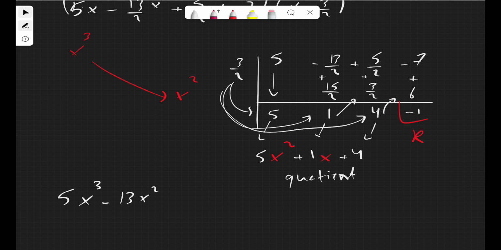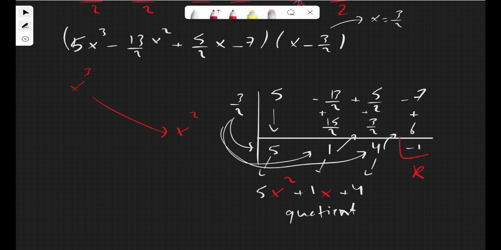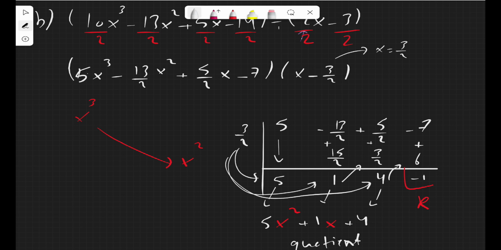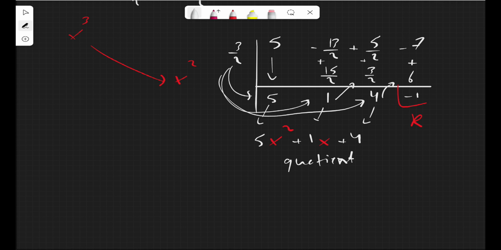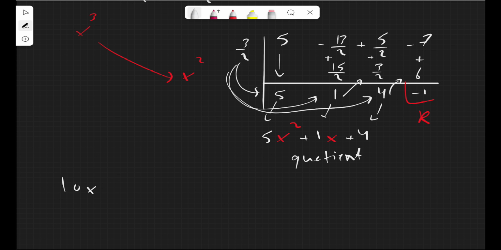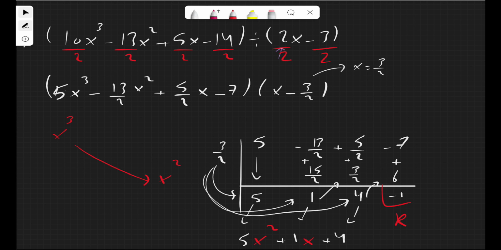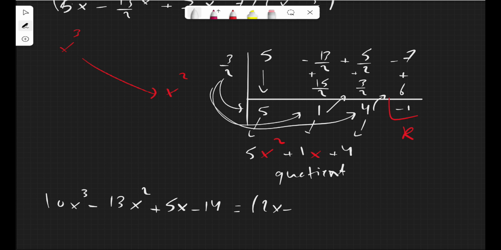So let's take the first one, the one before we divided by 2, so 10x to the power 3 minus 13x to the power of 2 plus 5x minus 14 is equal to its divisor 2x minus 3, multiplied by the quotient 5x squared plus x plus 4, plus the remainder, which is negative 1.